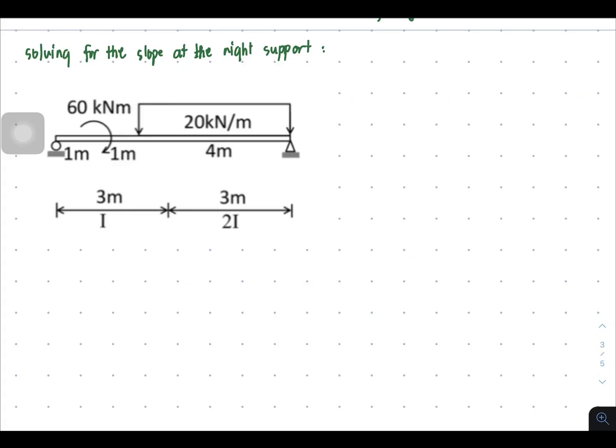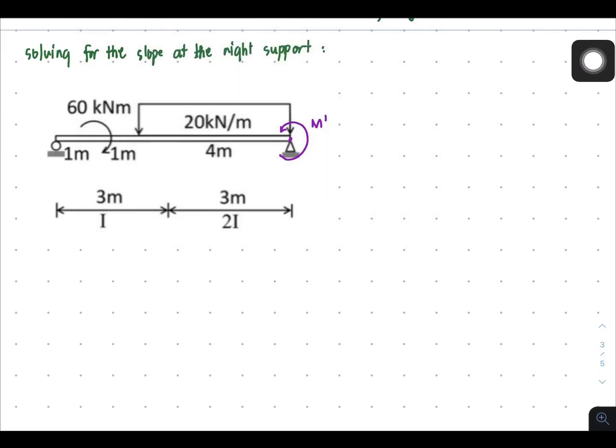Instead, I will now be placing the load to which slope is being asked. Here, we are asked to solve for the slope at the right support. So this is the point of the right support, and I will be placing here the rotational moment m prime in the direction of my assumption. That's my assumption. So whenever slope is being asked, do not apply P force. Instead, it's going to be a rotational moment m prime.